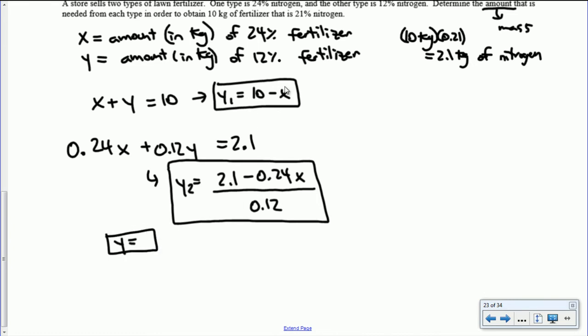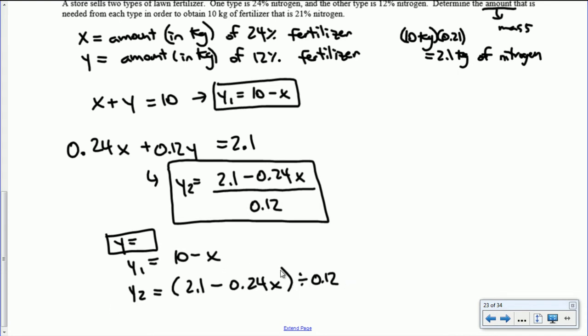I put this in for y1, and I put this in for y2. Probably a good idea to put brackets around the numerator here. So y2 I would write as bracket 2.1 minus 0.24x, close bracket, divide 0.12. And then y1's pretty straightforward, 10 minus x.